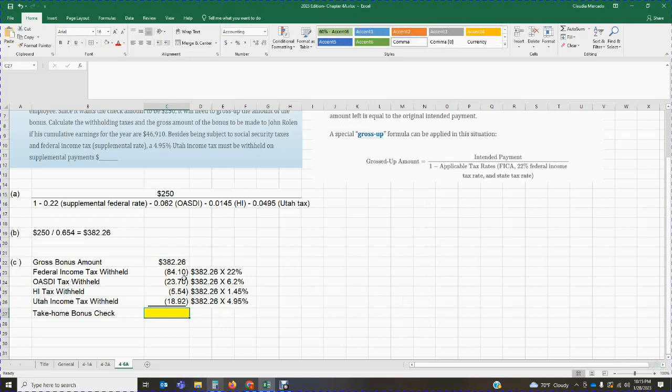Now that I've got all of my numbers, I'm simply going to do some math here in my spreadsheet. And that gives me a take-home bonus check of $250. Good job.